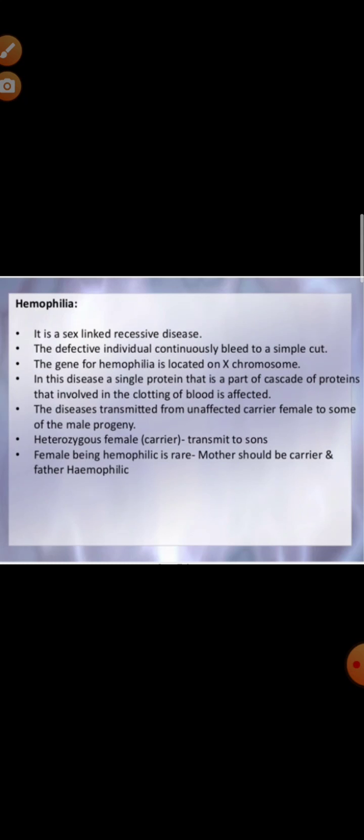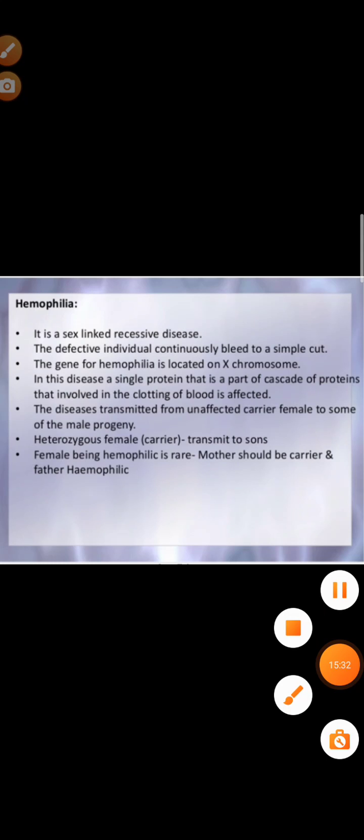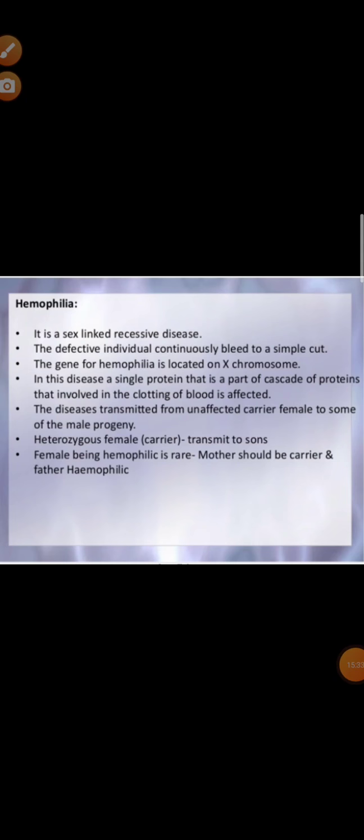The gene for this disorder of hemophilia is located on the X chromosome, and more males will suffer from hemophilia than females. Why? Because in males, a single X gene is there, so the defect is able to express in males because of the presence of only one X chromosome.